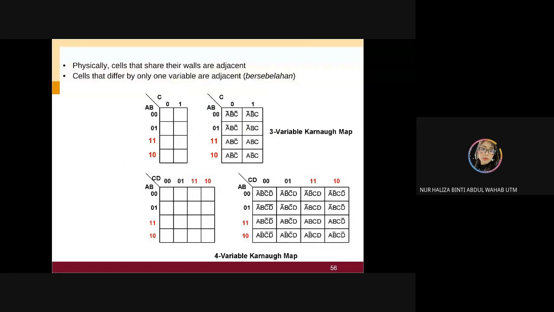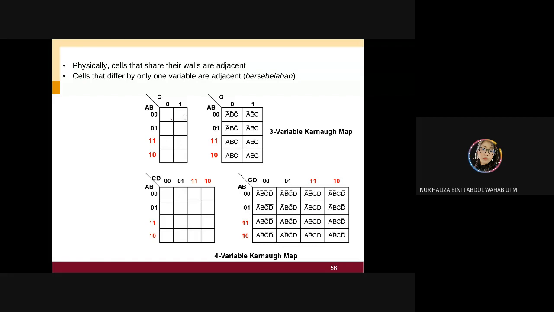And why do you need this KMAP? It is basically similar to your truth table, but it is an easier way for you to look at the Boolean expression. Okay, now you have this table. What is in this cell?